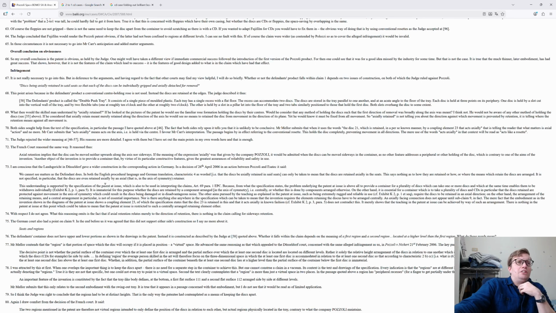So they're saying that basically the patent is invalid. So it looks like what happened was that Pozzoli tried to sue someone for infringement. And the typical response to an infringement lawsuit is to say that your patent is invalid.